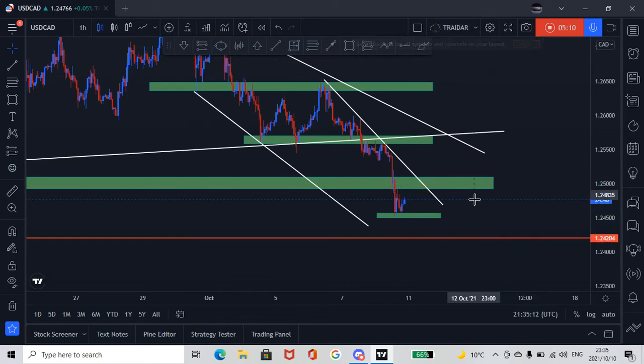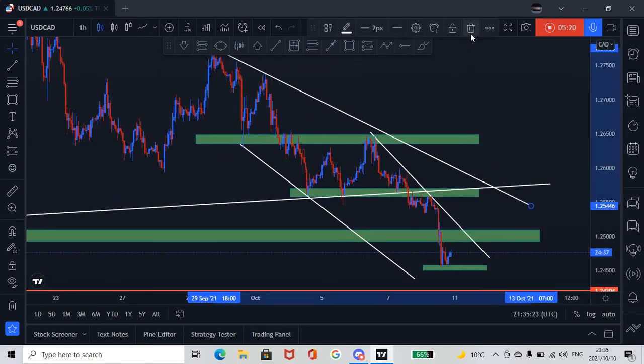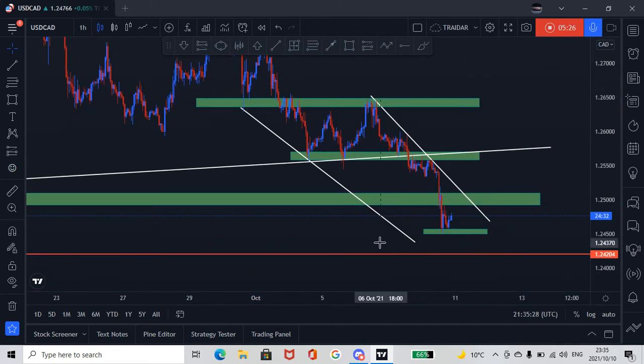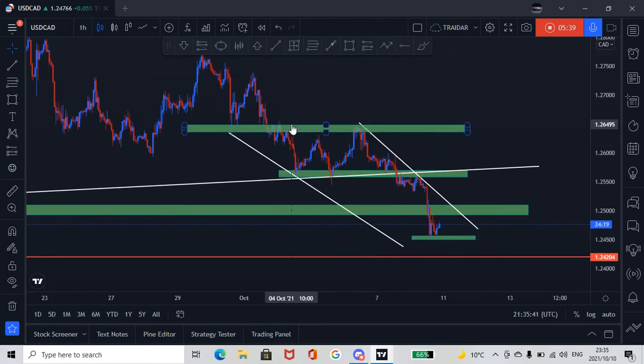We'll just wait and see what the market does when it gets to this area here. First, I want to remove this trend line. Now I want us to see what we have. The whole momentum, the whole movement of the market is to the downside, because we see the market coming down, breaking the lows, retesting, breaking, retesting, breaking.